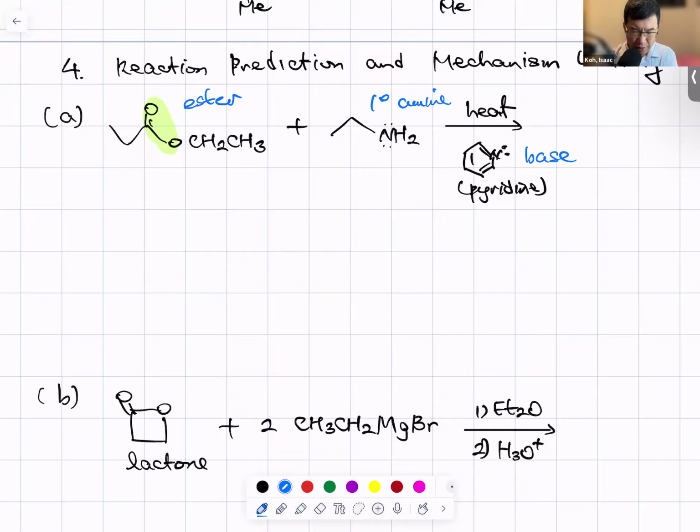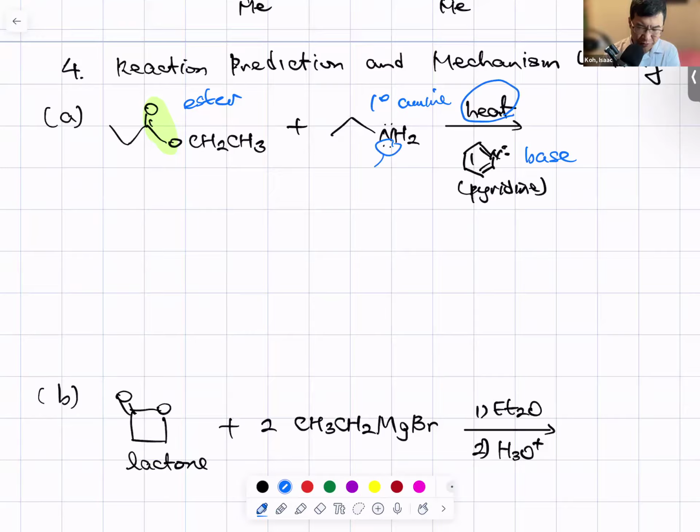Okay, now let's get started. So ester is a stable carbonyl compound. Amine is a mild base, mild nucleophile. If it were an oxygen nucleophile, the reaction would not occur. But because this is an amine, which is stronger in its nucleophilicity, plus the heat is applied, it is activated.